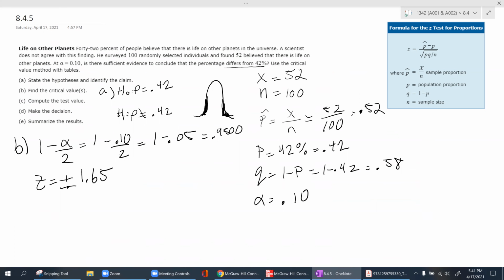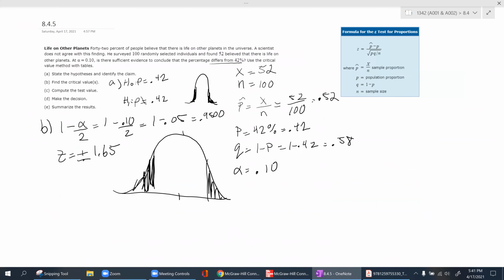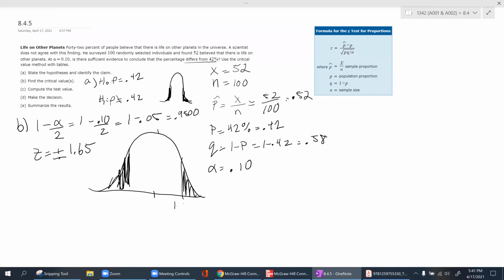So your z crit is 1.65, and it's going to be plus or minus because we're dealing with a two-tailed test. Again, I need you to draw this for the exam. Just like before, you're going to do 1.65, negative 1.65 there.